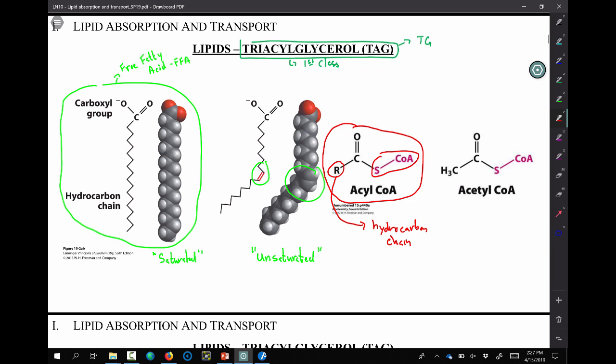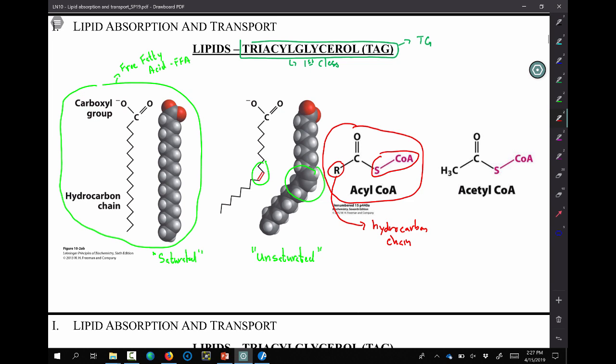Acetyl-CoA would be one of many acyl-CoAs, so it's a subclass of acyl-CoAs. Generally speaking, anytime a free fatty acid is generated in a cellular environment, it'll be converted directly to acyl-CoA. We'll talk about the enzymes that do that when we get to more detailed aspects of lipid metabolism.